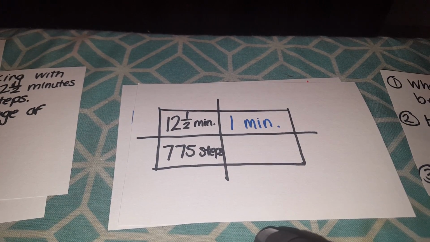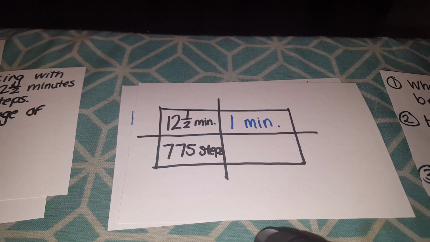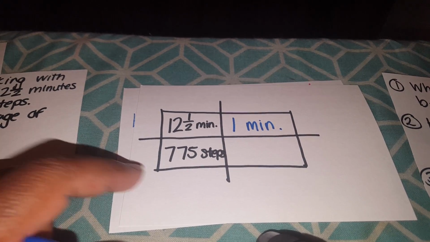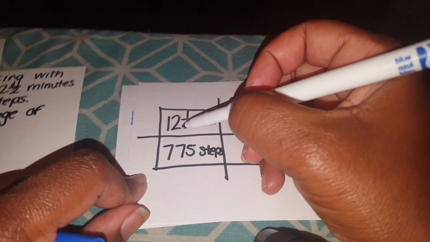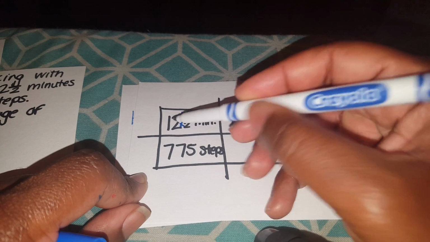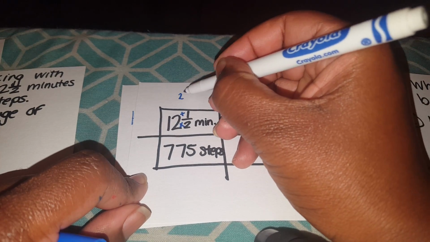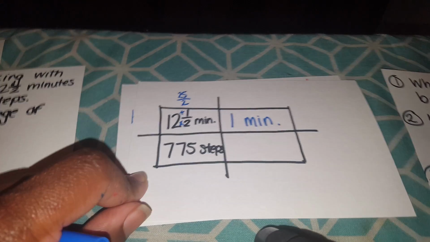Okay, this one. It's got a lot of steps involved. Here we go. So this is a mixed number that needs to be converted into an improper fraction. So 12 and a half as an improper fraction, meaning I'm going to do 12 times 2 plus 1. 12 times 2 is 24 plus 1 is 25. So this is 25 over 2.